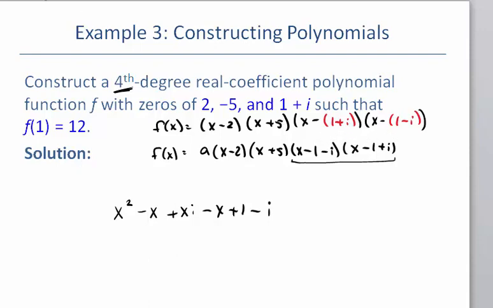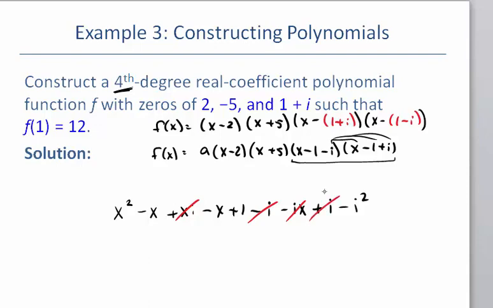Alright, and then we're going to do the same thing for the -i. So -i times x, -ix. -i times -1 would be +i. -i times i would be -i squared. Alright, so let's look at what we can cancel or what can combine. I've got an xi and an -ix. Those are the same things, and one's positive, one's negative. I've got a -i and a +i.